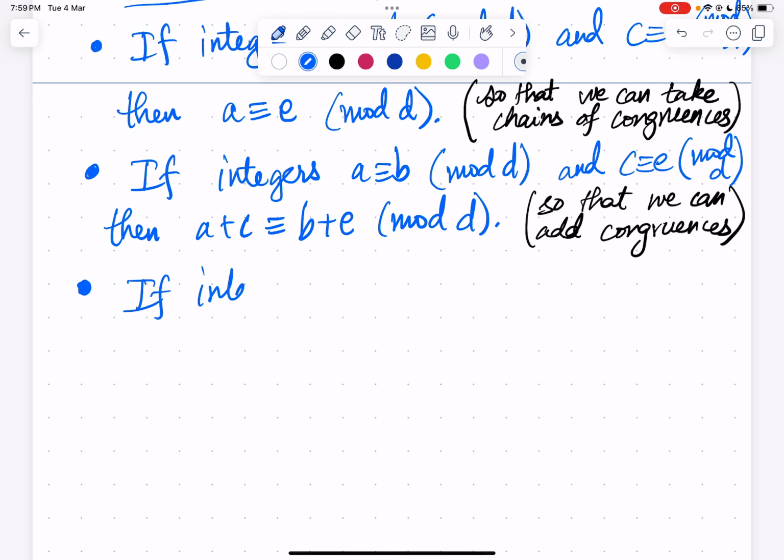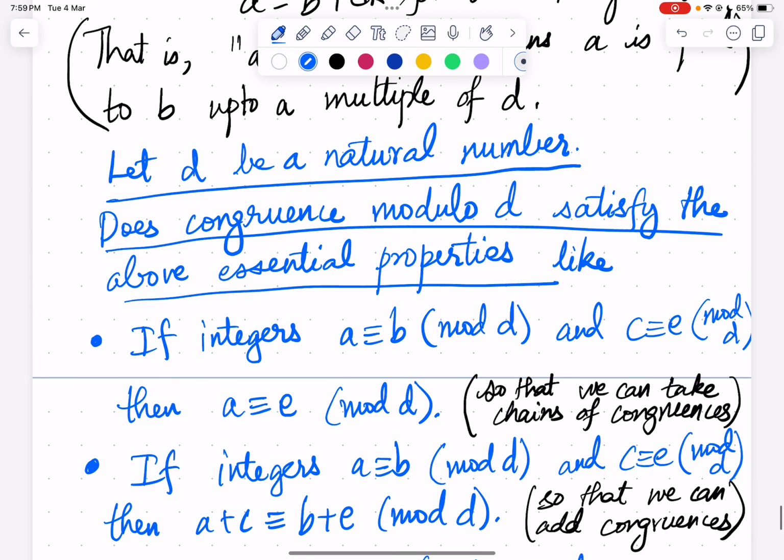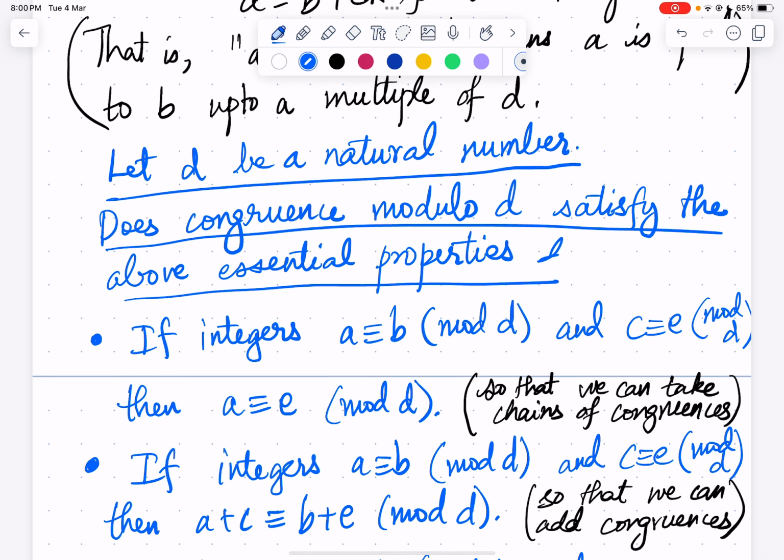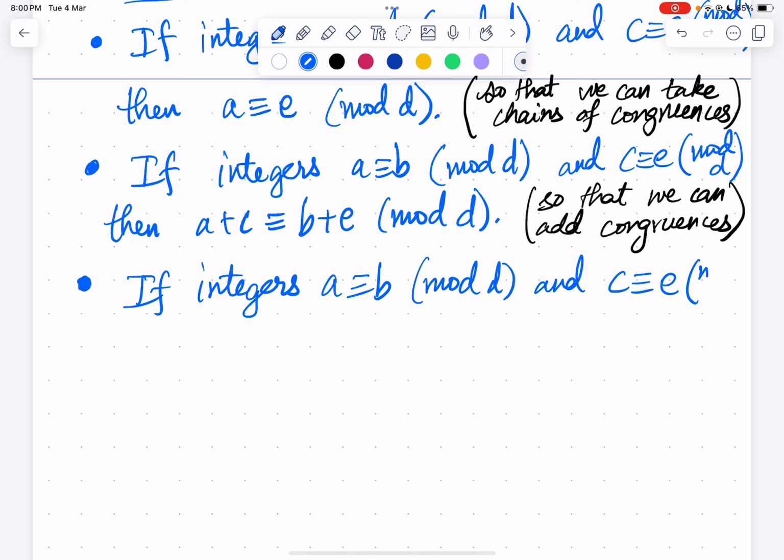We also want to be able to multiply congruences. So does congruence satisfy these essential properties of equality? If a is congruent to b mod d and c is congruent to e mod d, then ac is congruent to be mod d.